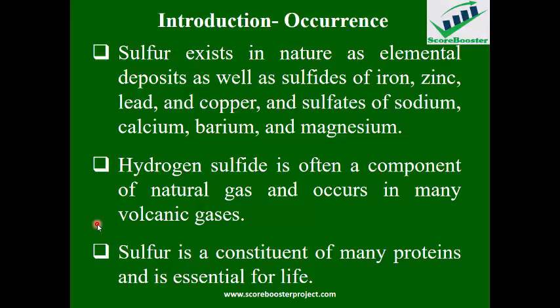Sometimes we can have it in sulfides, combined with other metals like iron, zinc, lead and copper. Sometimes we have it in a more complex form, like in sulfates of some compounds like magnesium, sodium, calcium. So these are some of the ways we can find sulfur in nature.